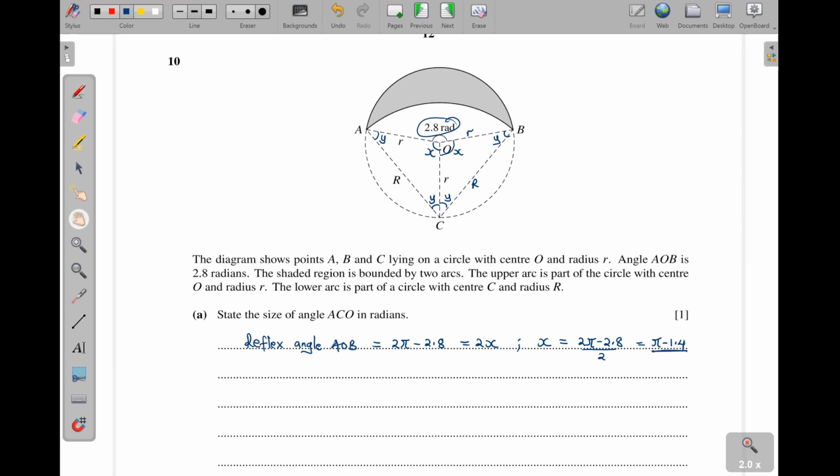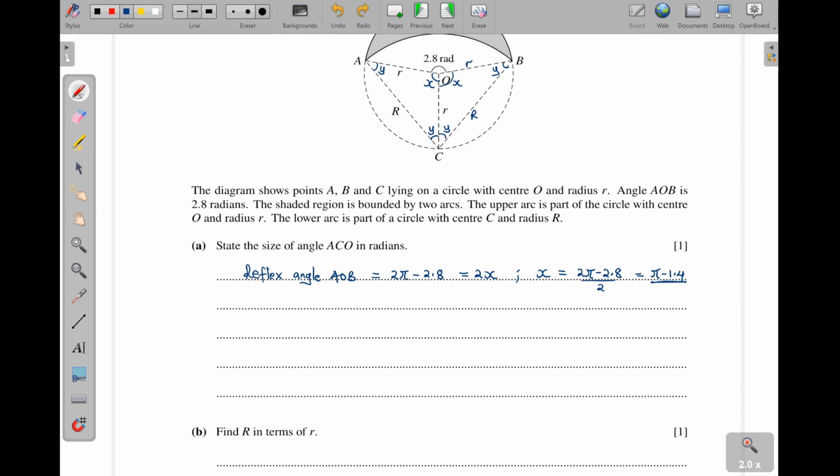Now, from here, I can go further to find the value of Y, because they want the angle ACO. This is the angle Y. Now, we have triangle AOC being isosceles. So meaning we shall have 2Y plus X equal to pi or 180 degrees.